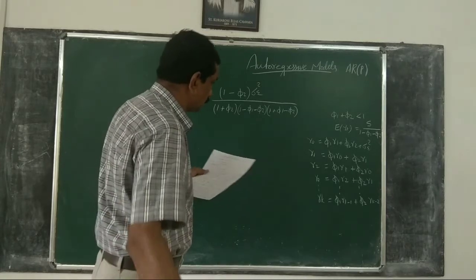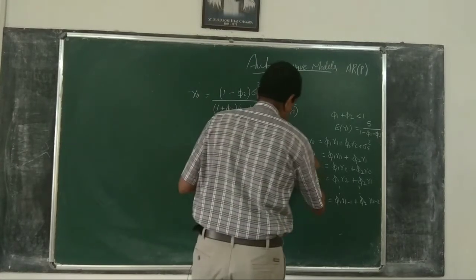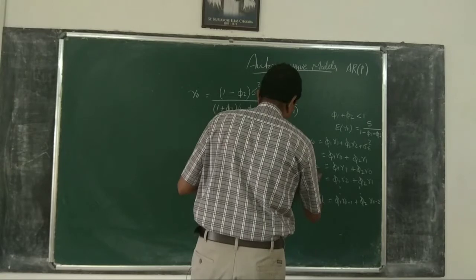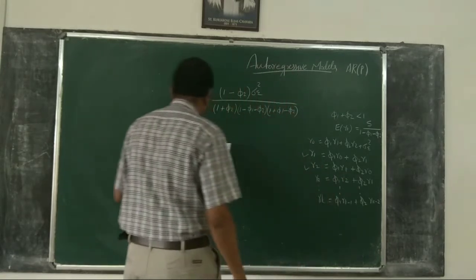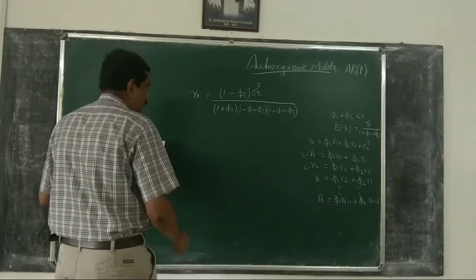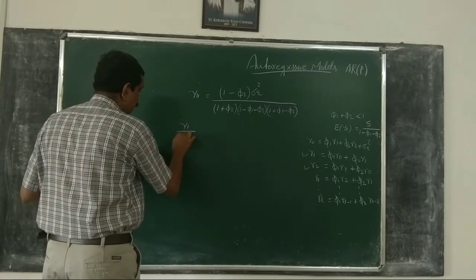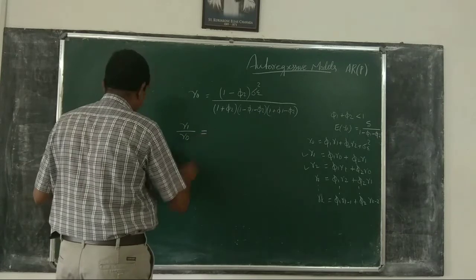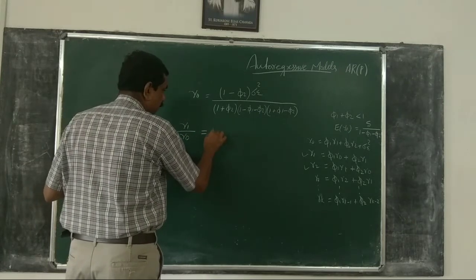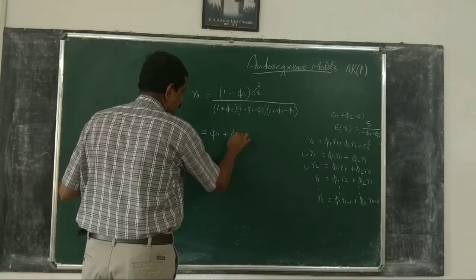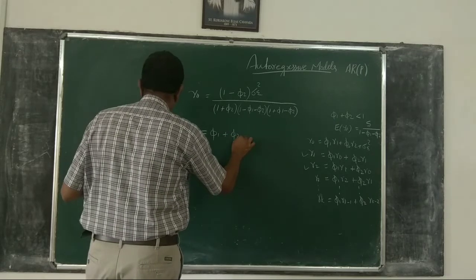Now we derive the autocorrelation functions, ACF. To derive this, consider gamma 1 and also gamma 2. This gamma 1 by gamma 0 is equal to phi 1 plus phi 2 times gamma 1 by gamma 0, and gamma 0 by gamma 0 is 1.